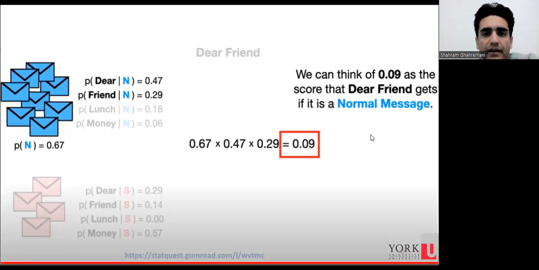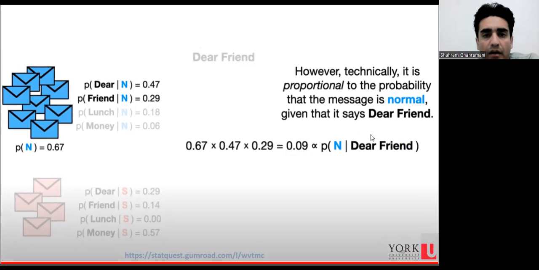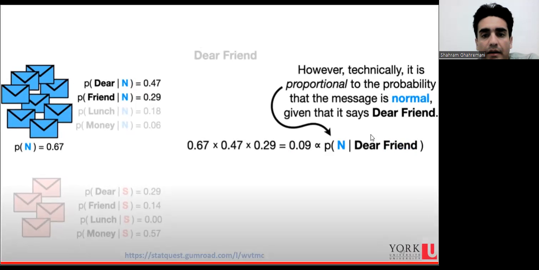We can think of 0.09 as the score that dear friend gets if it is a normal message. However, technically, it is proportional to the probability that the message is normal, given that it says dear friend. So we need to consider that probability as well.